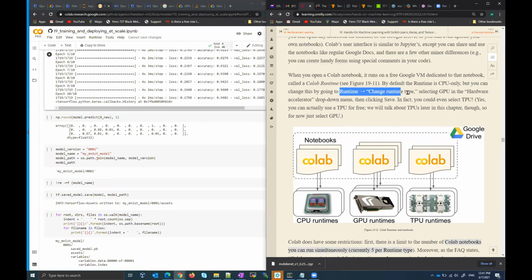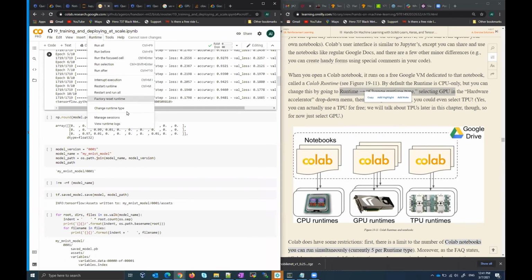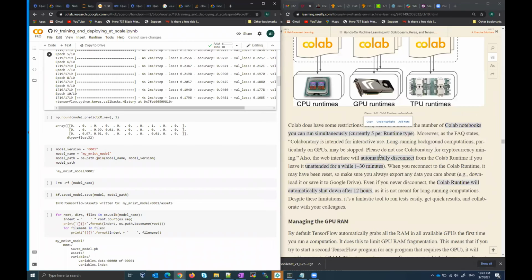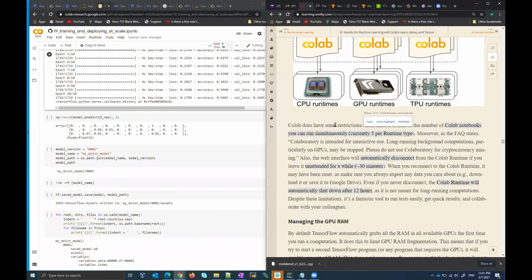Okay, this is how to enable the GPU. It's already in place here. Right? It's already there. Okay. And then Colab has some restrictions, like five simultaneous notebooks running.